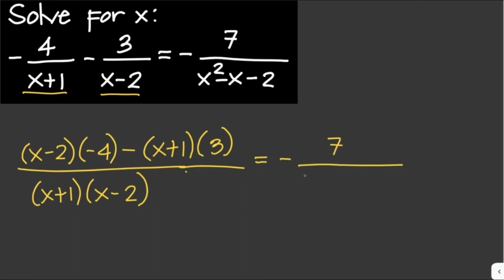So we can factor x squared minus x minus 2. So we look for factors of negative 2 that when we multiply them, it would equal negative 2, and when we add them, it would equal negative 1, because the coefficient of the middle term is negative 1.